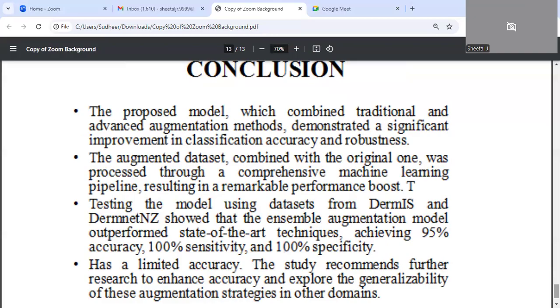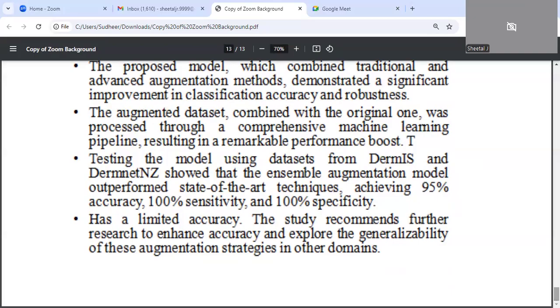The traditional methods are geometric and GAN based, and the advanced methods are cutout and keep augment, wherein only the lesion parts are extracted. Then the model was tested on two data sets, both from DermnetNZ. Once segmentation, feature extraction and classification were done, the model showed a much better improvement, with an accuracy of 95%, 100% sensitivity and 100% specificity.